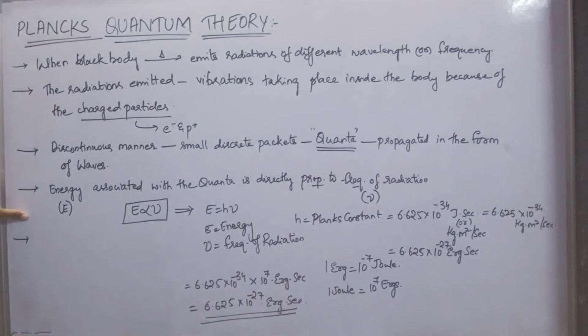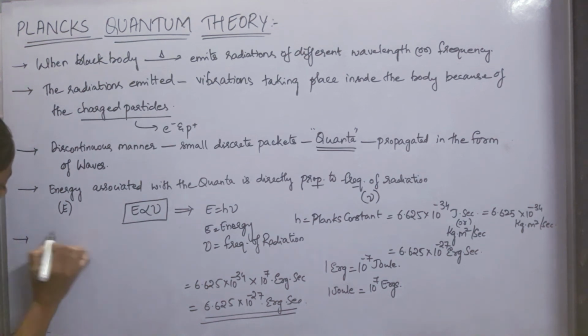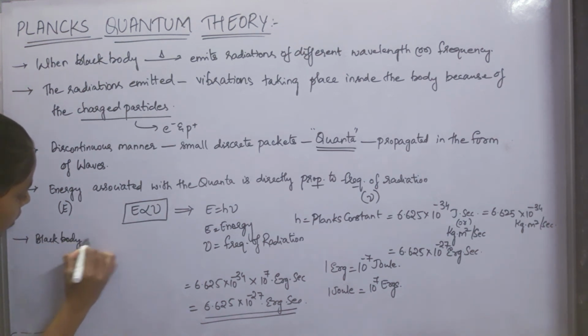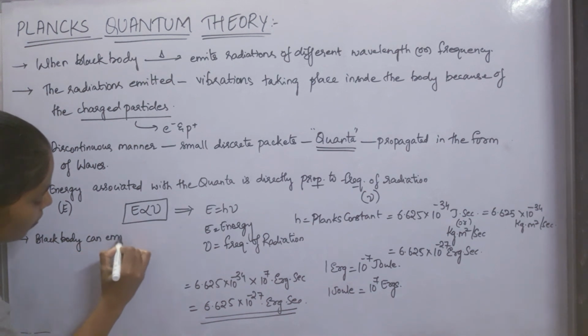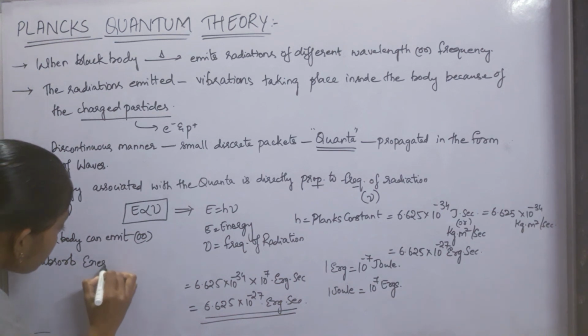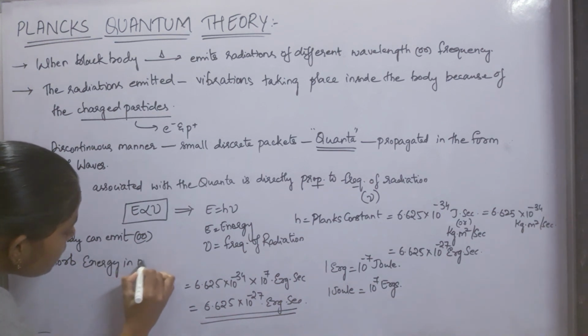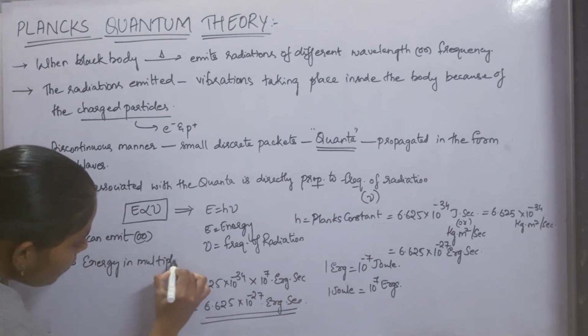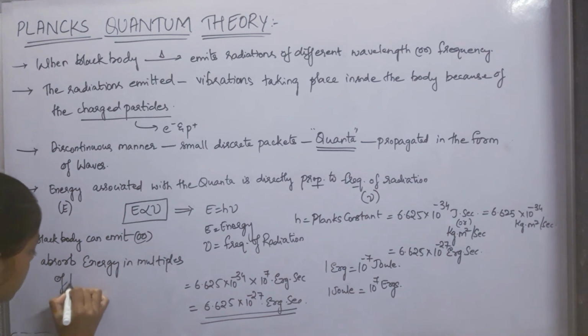One more point for this is energy. The energy associated is h nu, and a black body can emit or absorb energy in multiples of h nu.